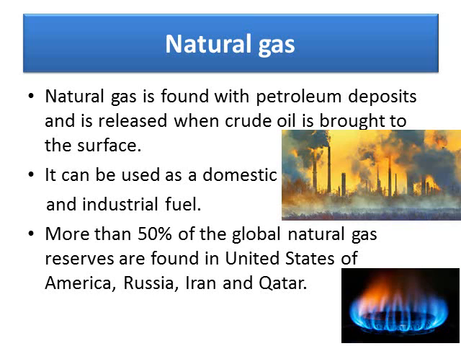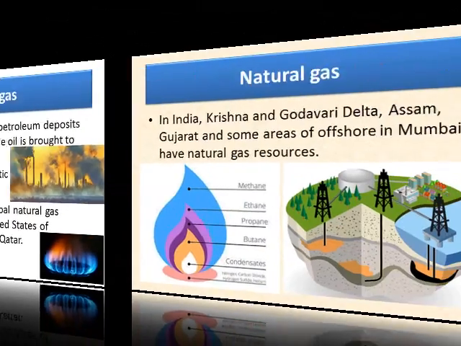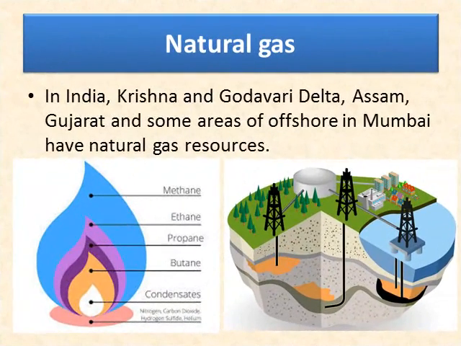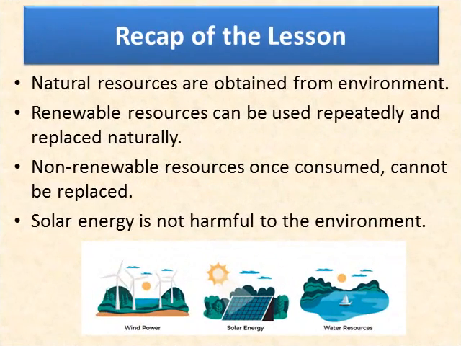More than 50% of the global natural gas reserves are found in United States of America, Russia, Iran and Qatar, mostly the Gulf countries. In India, you can find the natural gas reserves in Krishna and Godavari Delta, Assam, Gujarat and some areas of offshore in Mumbai.